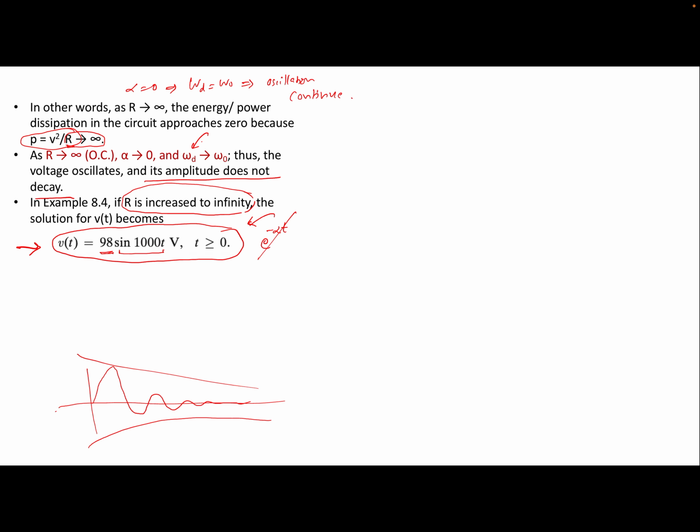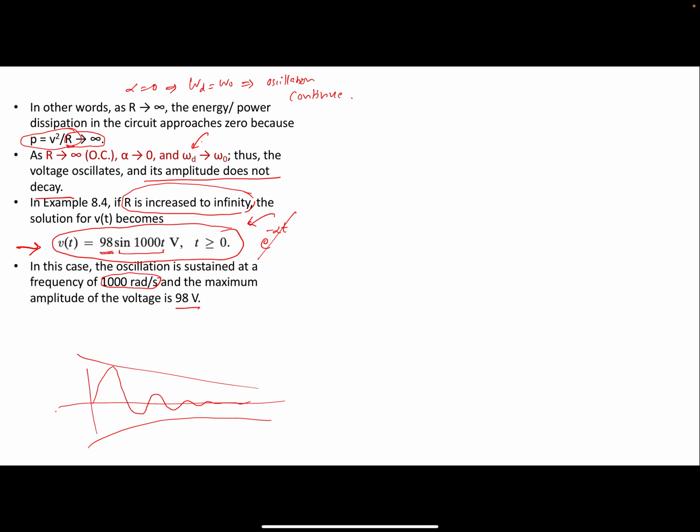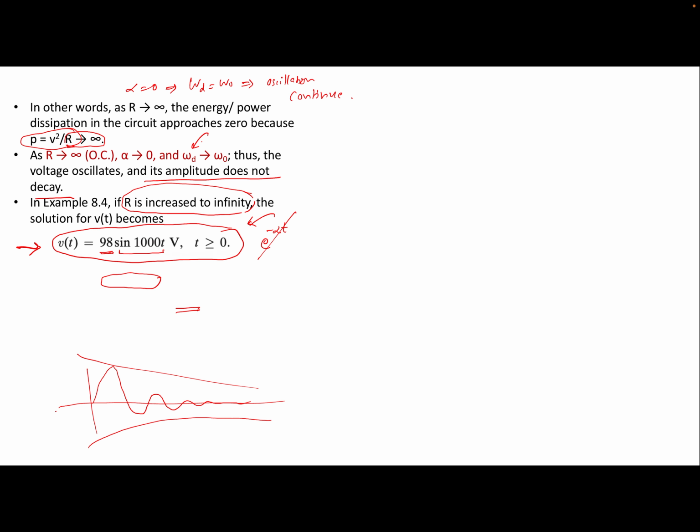So with that frequency of 1000, it is going to continue to oscillate at 1000 radians per second with an amplitude of 98 volts.